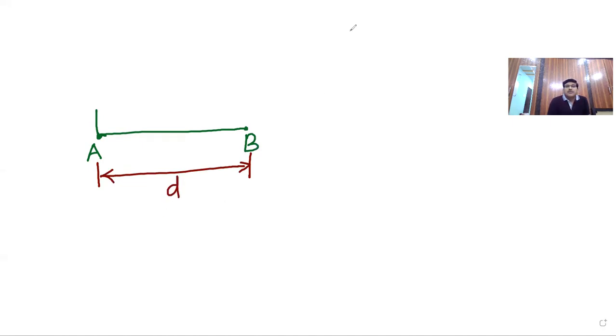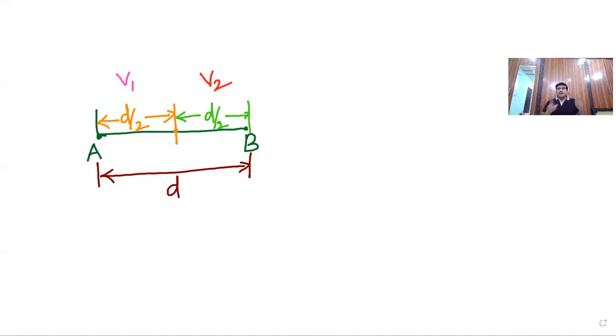The boy is traveling half the distance, D by 2, at a speed of v1, and the remaining D by 2 at a speed of v2.